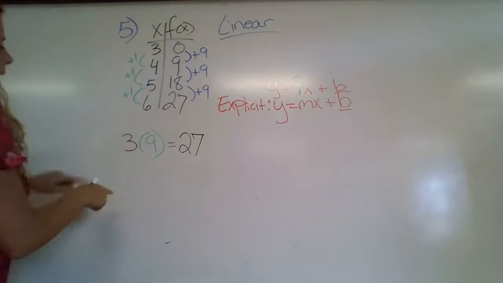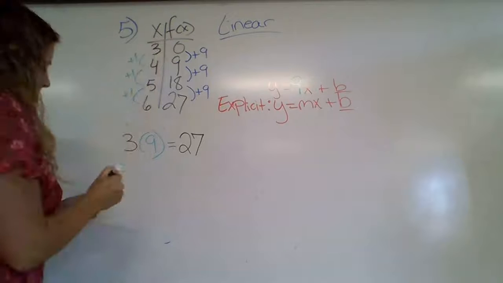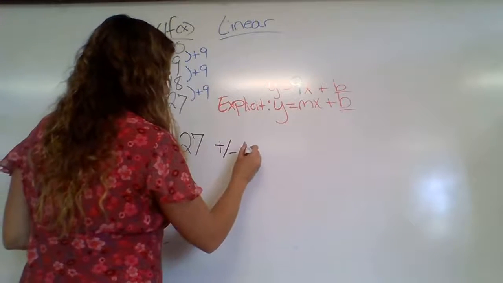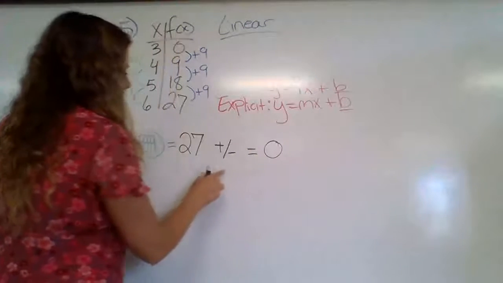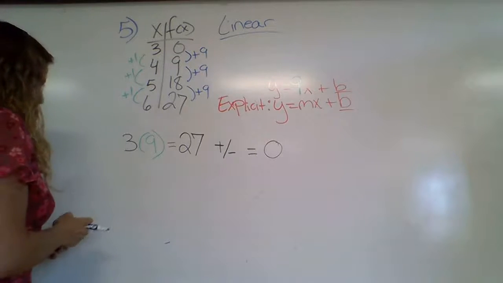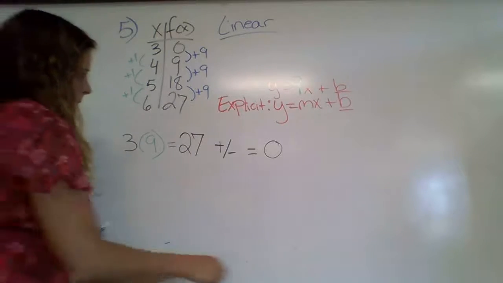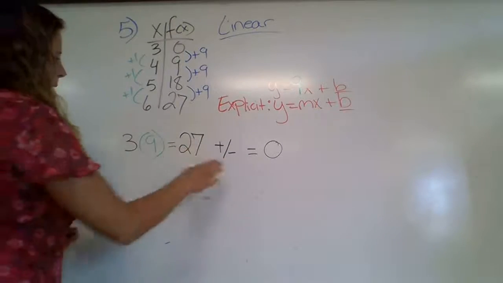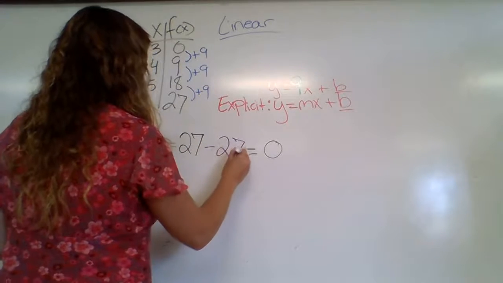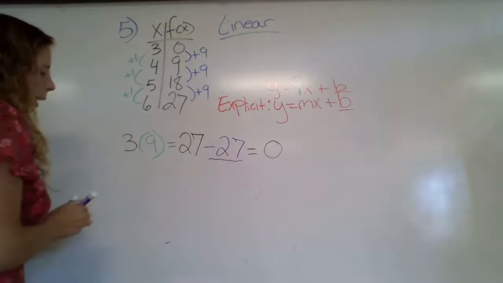Okay. But when x equals 3, y needs to be 0. So I'm going to add or subtract in order for it to equal 0. So what am I going to add or subtract to get 27 to 0? You subtract 27. 27 minus 27 is 0. Let's see if this is our magic number. Let's see if this is our b. We're going to try again.